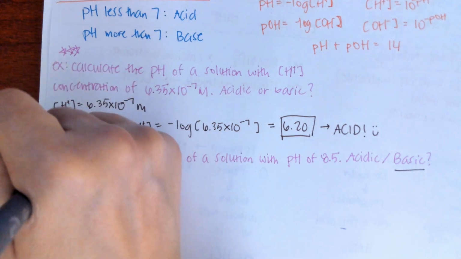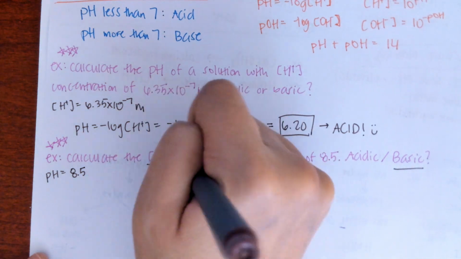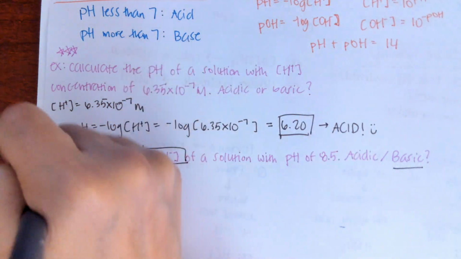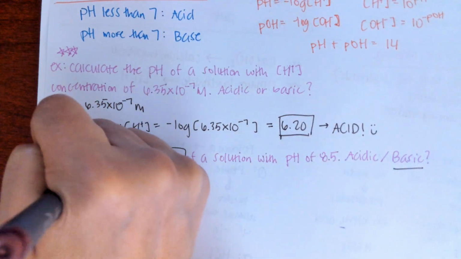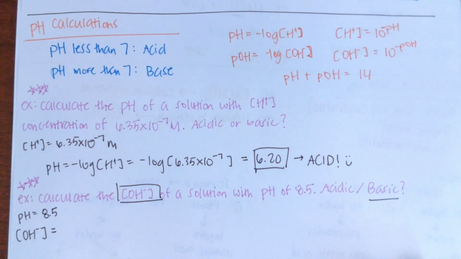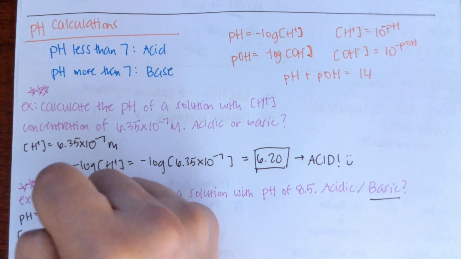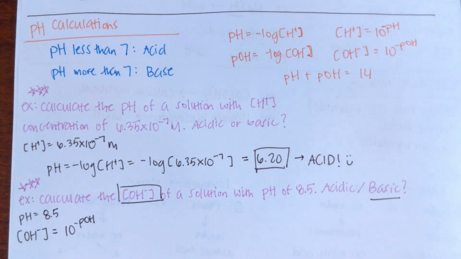Okay, now, we know that pH equals 8.5. And I'm trying to find OH. What is the formula for OH? So OH equals what? According to my formulas, 10 to the power negative pOH. But I have pH.